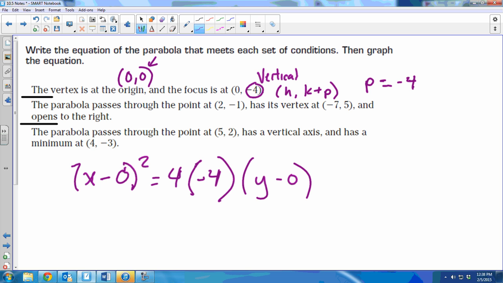What's x minus 0? So x squared. What's 4 times -4? -16. And then y. Does that make sense? That's the equation.